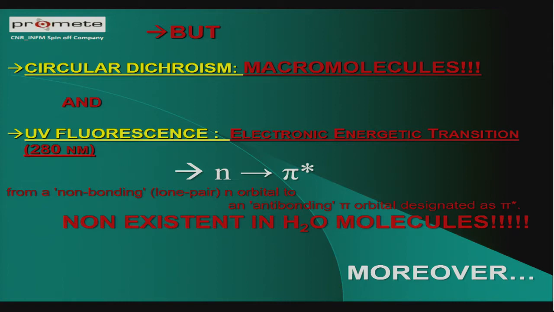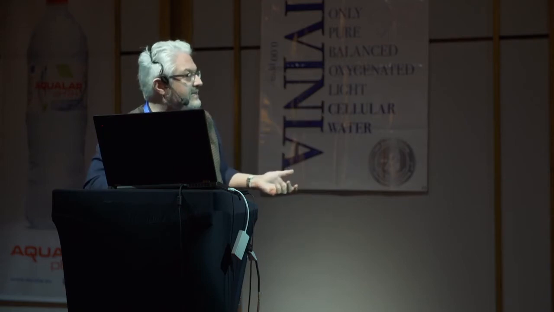But what we see, as Vittorio Elia was saying yesterday, is a circular dichroism. That means that there are macromolecules. And also UV fluorescence, that is, electronic energetic transitions of the kind from n to π orbitals, that doesn't exist in H2O molecules.